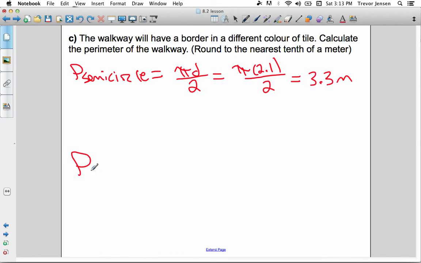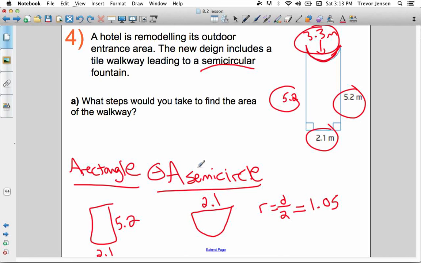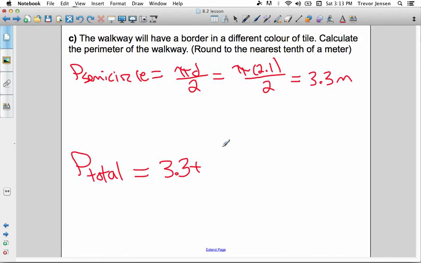So the perimeter total equals 3.3 plus 5.2 plus 5.2 plus 2.1.